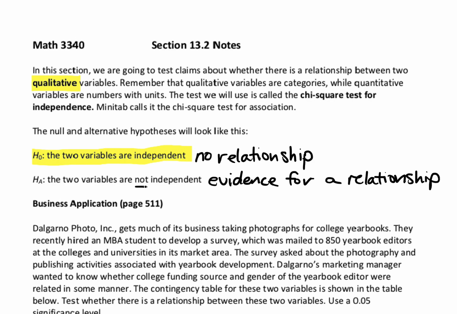So the word not, again, is found in the alternative hypothesis. So very important that you're getting the correct null and alternative hypothesis for this test.